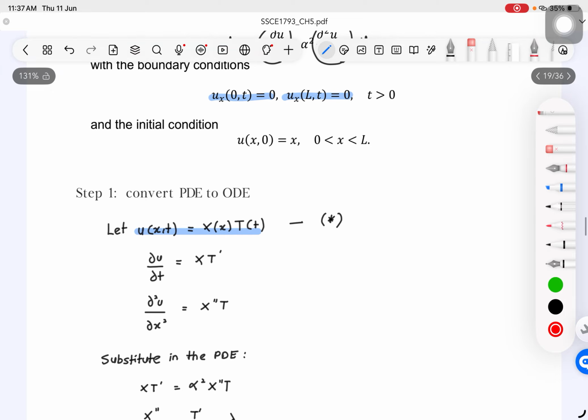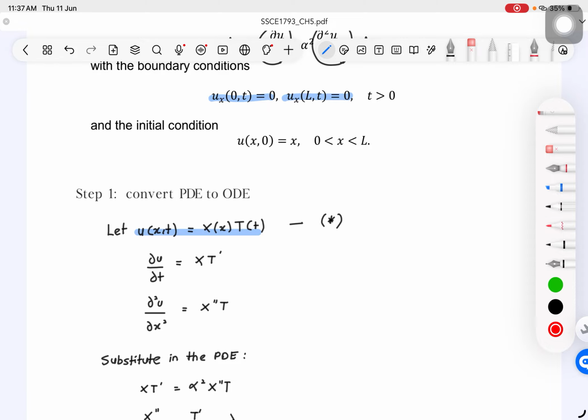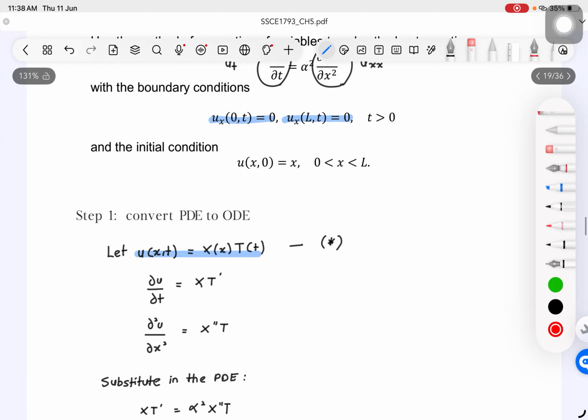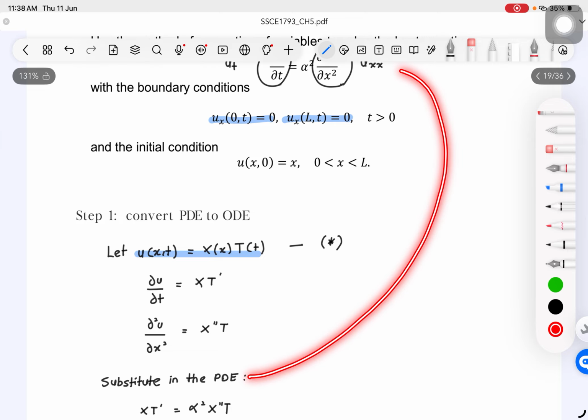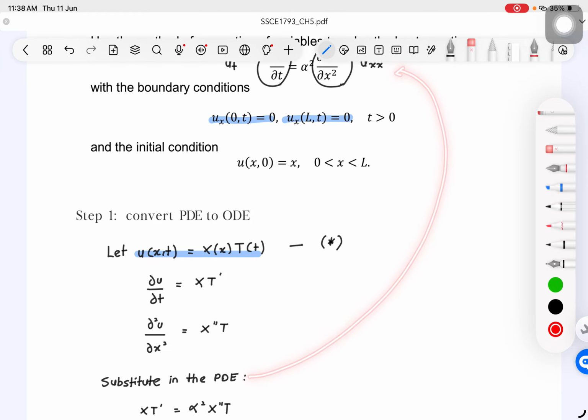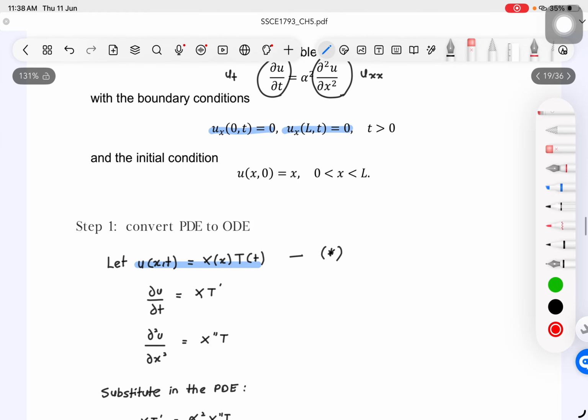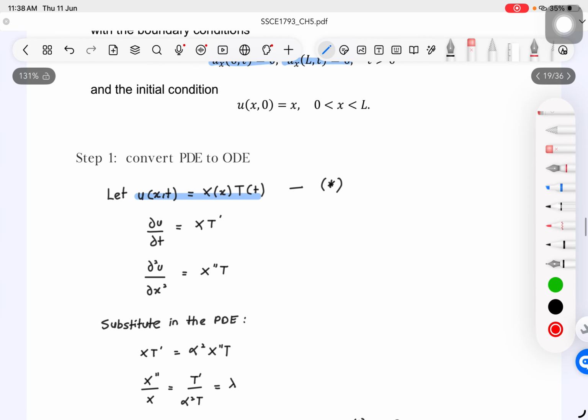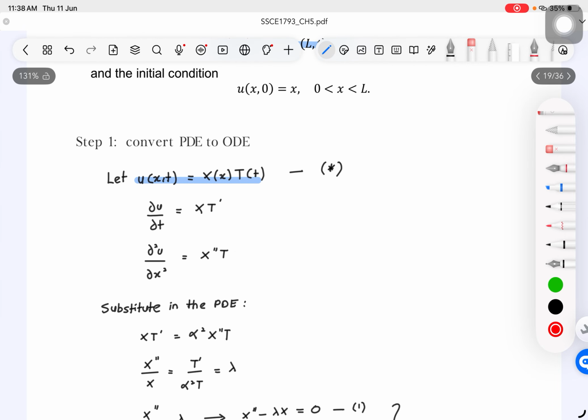Then what you need to do next is substitute into the PDE, which is the given equation in your question. When we substitute, we get this as our new equation.